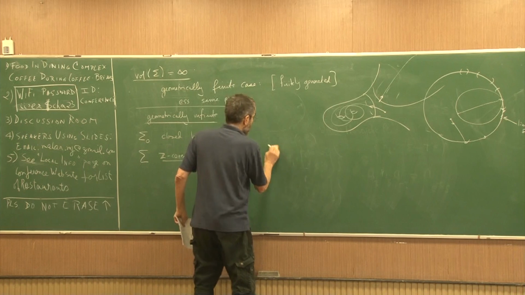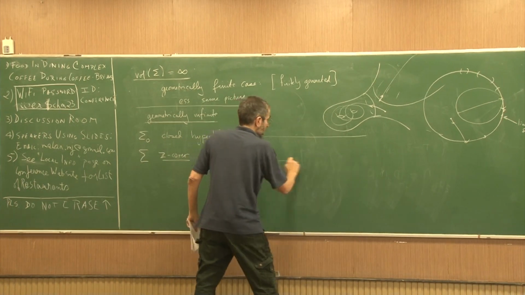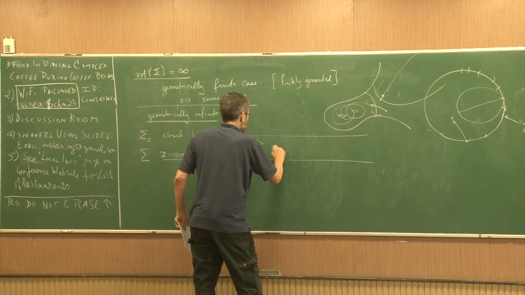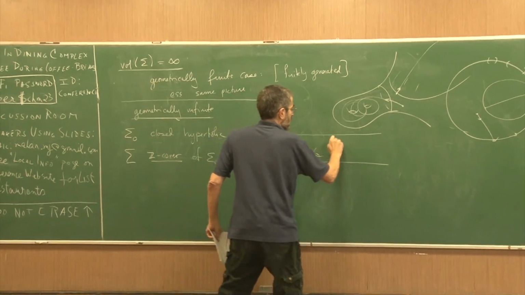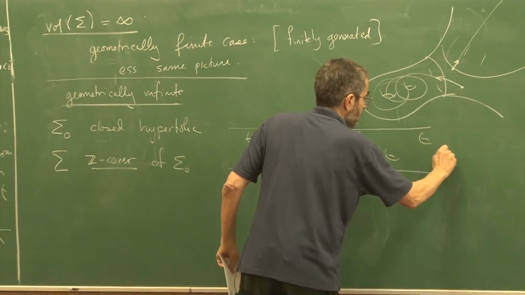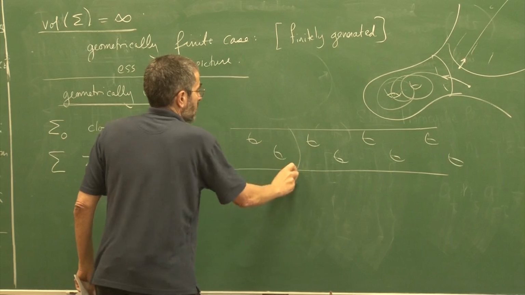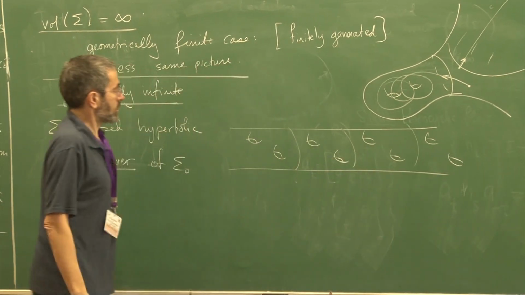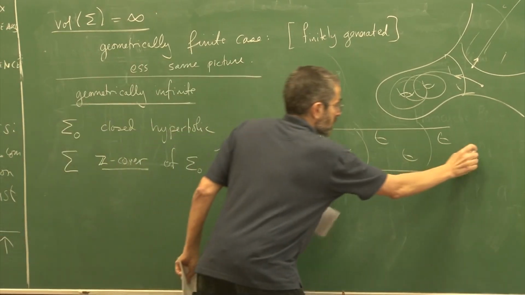So it kind of looks like this. Here's a picture of sigma, some periodic picture here. It's a hyperbolic surface. Maybe I'll draw these. Okay, so that goes off like this.